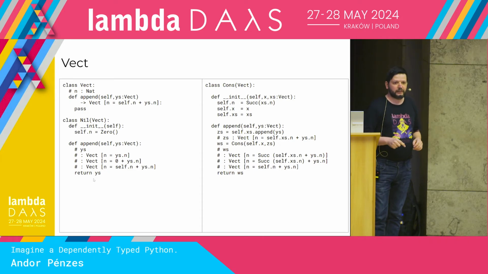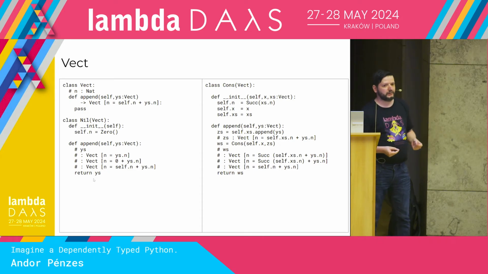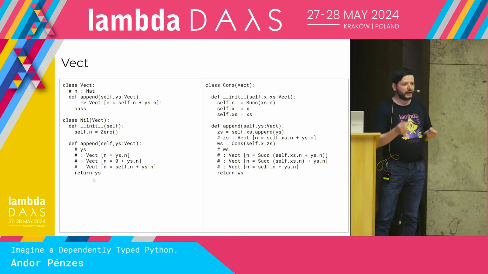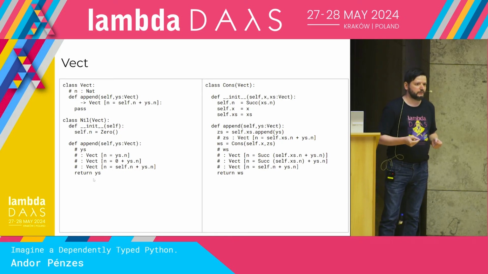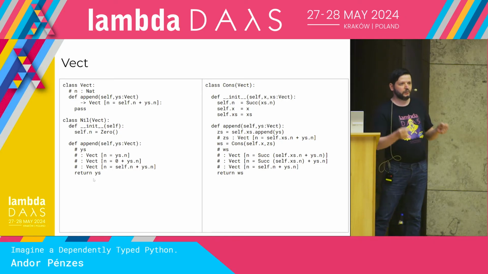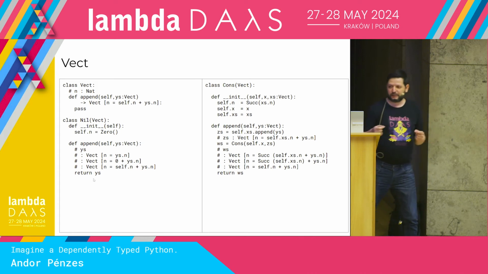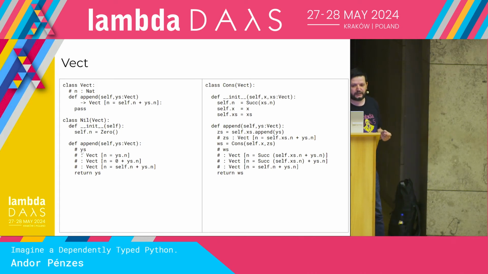But here, we have the proof obligation to actually say why we think that this is true, why this actually fulfills the contract. And that means that when we get the ys, we will know the type of the ys at runtime, and we can inspect it, and we can slowly transform it.